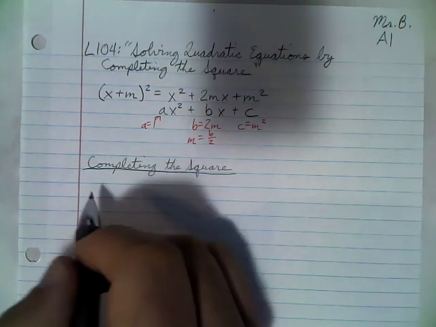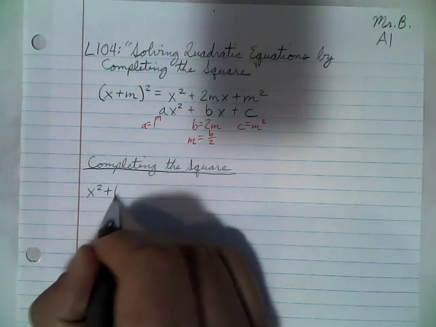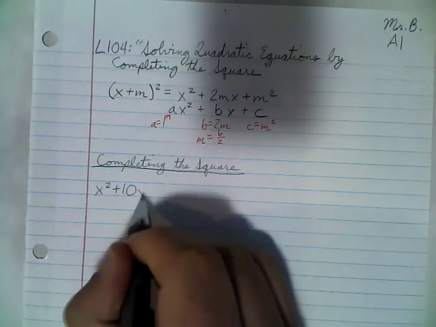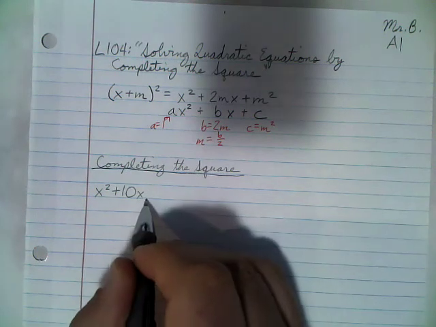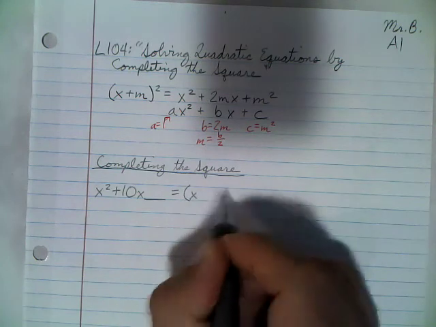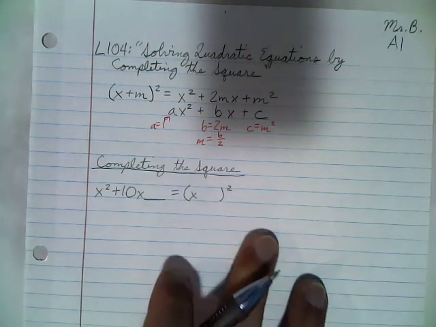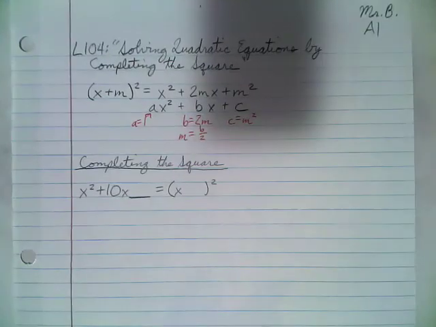So for example, let's say that I have x squared plus 10x. So the question here is, what do we need in order to turn this back into a perfect square? So the square of something.